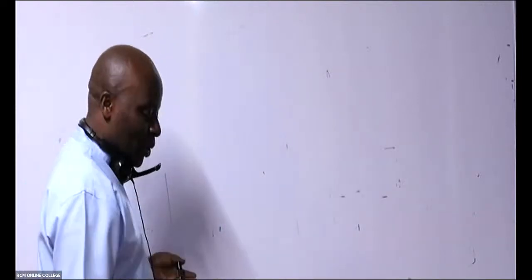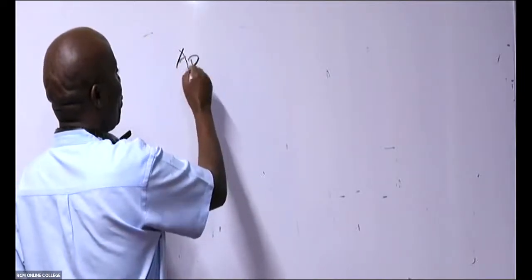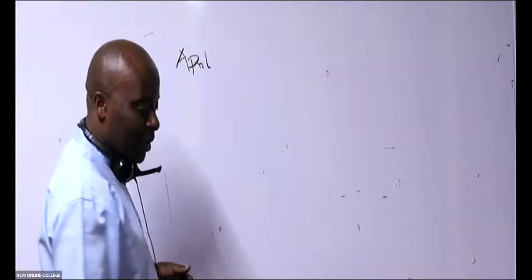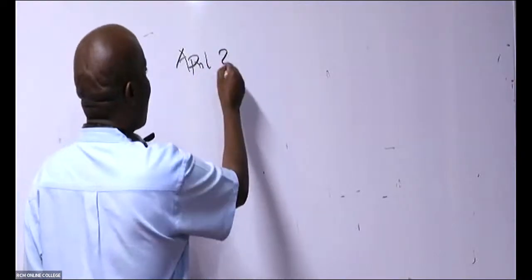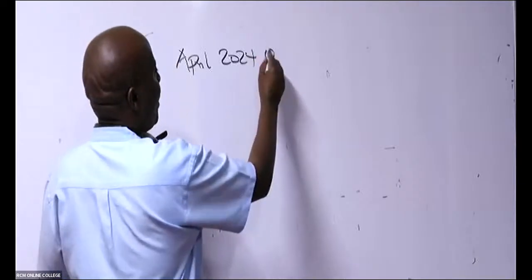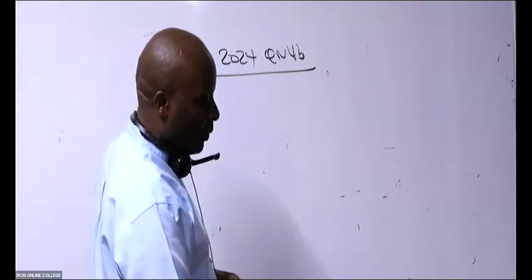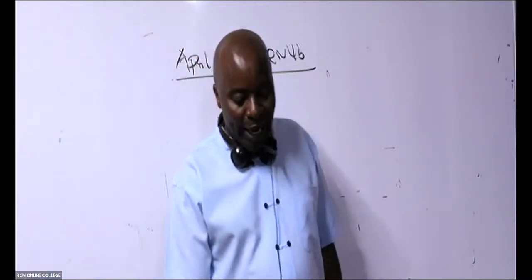Let me do my questions. But you can do it as a homework yourselves. If you're not able to do, I have all these answers that I'll be able to provide. Question number 4B, April 2024, and that shall be done tonight.